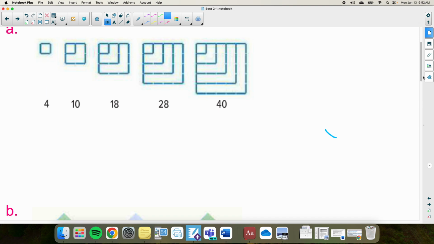First thing we need to do is draw our next figure. So I'm gonna draw a rectangle, and notice it has 1, 2, 3, 4, 5 like backwards L's, so we would need 6 of them.